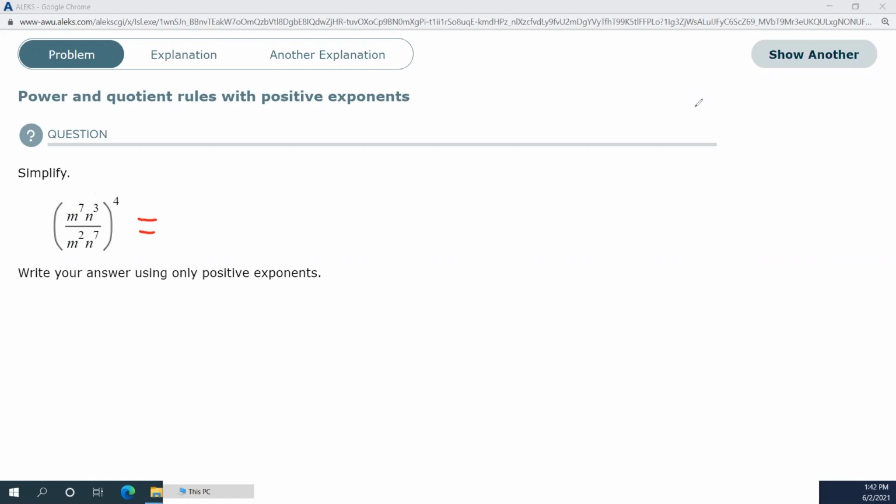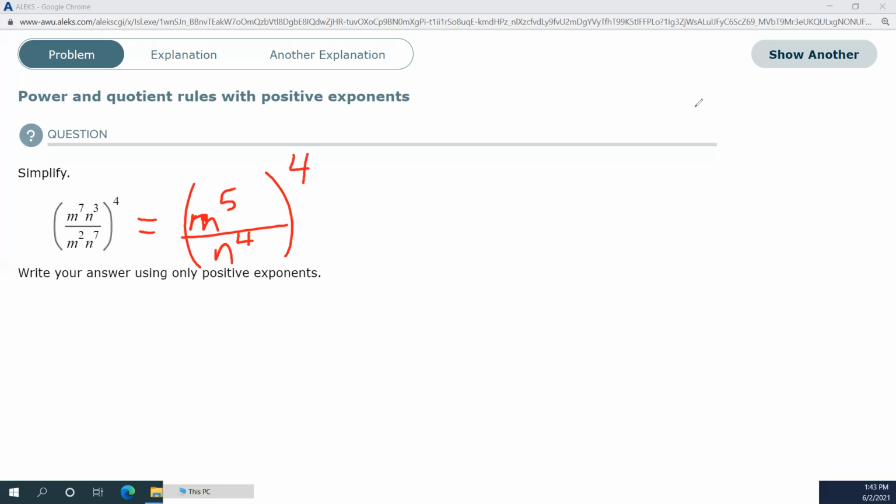So I see division in between the m's, m to the 7th and m to the 2nd. And so I subtract the exponents. 7 minus 2 is 5. Okay. And I've got more m's on top, five more. Now there are more n's on the bottom, 4 more.